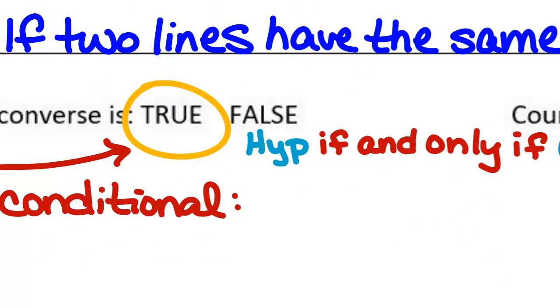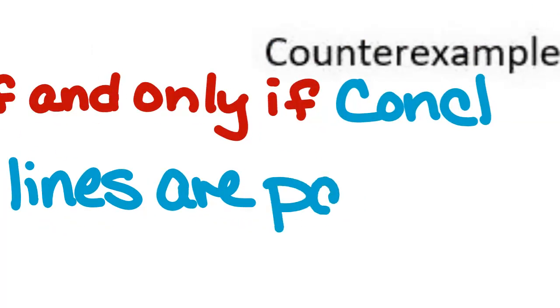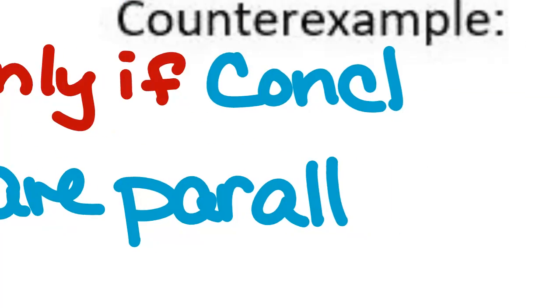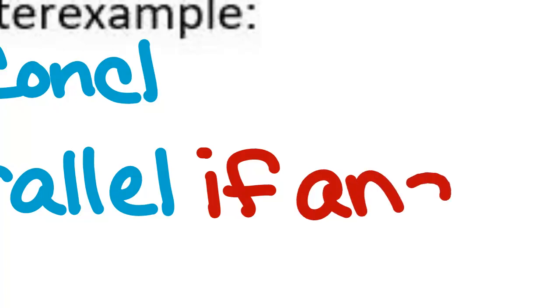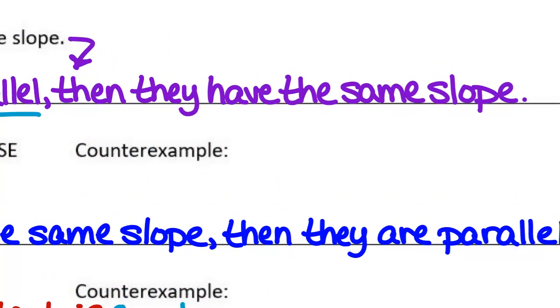Two lines are parallel, and then we use the words if and only if. And now I need my conclusion. What's the conclusion? They have the same slope.